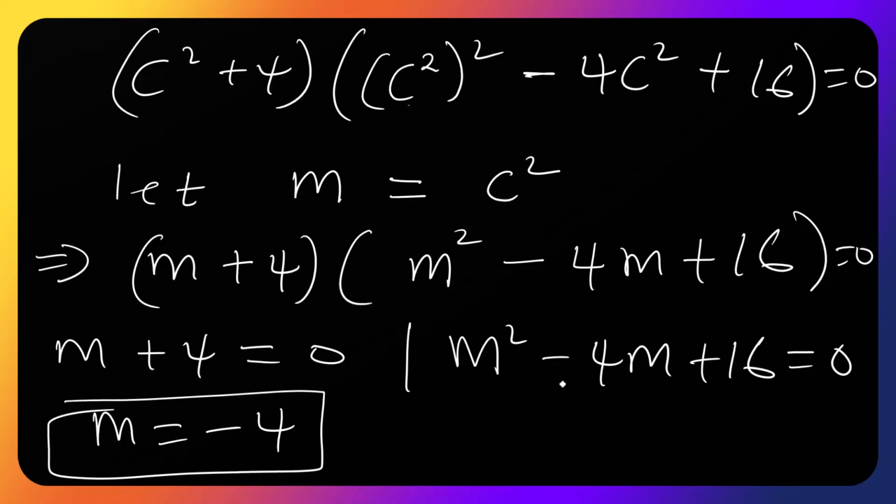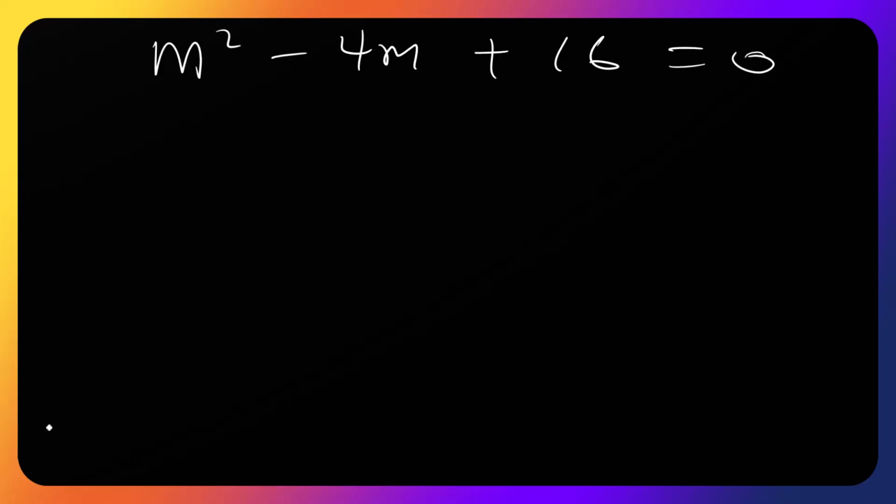So let's look for the other solutions here. This one is a quadratic, which will give us 2 additional solutions. So we have m squared minus 4m plus 16 equals 0.